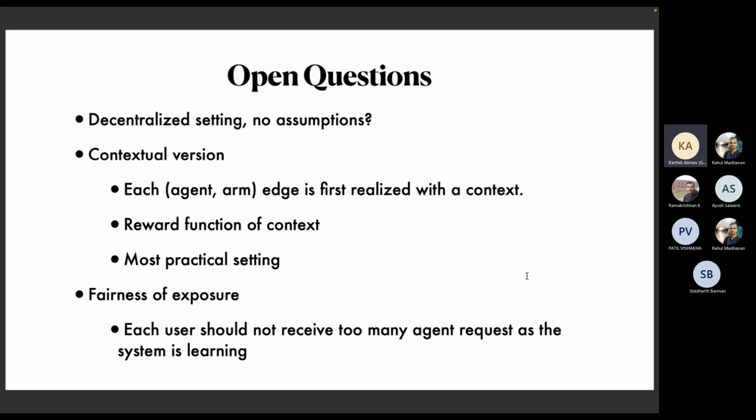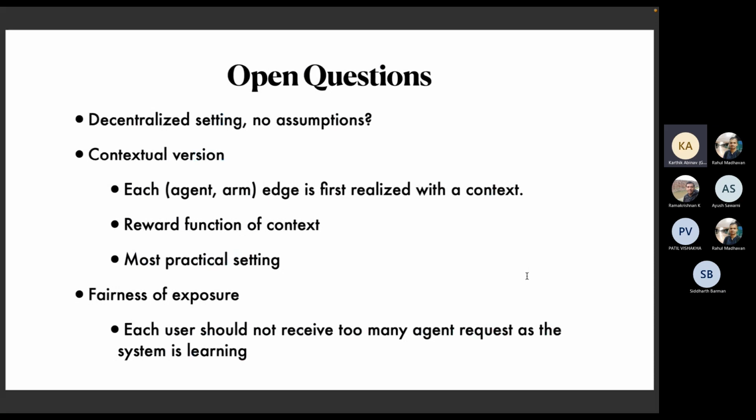You can think of large models doing some form of content understanding and user understanding, and their embeddings are shown to you before you make the matching. How do you optimize in that setup? How do you even define stable matching? So the contextual version of this problem is pretty open and interesting.